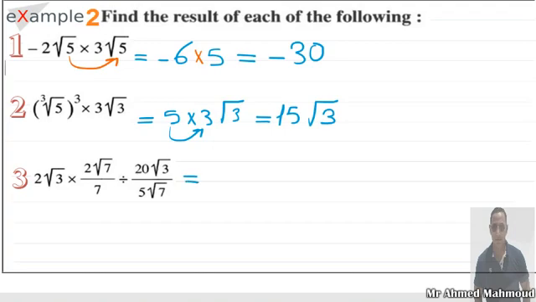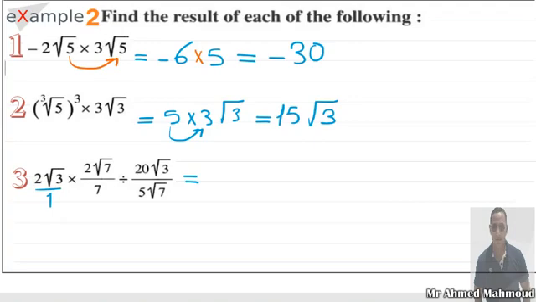The next one. Here we have 2 root 3. I will make 2 root 3 over 1 times 2 root 7 over 7, divided by 20 root 3 over 5 root 7. First I'm going to change the divide operation to times like this.